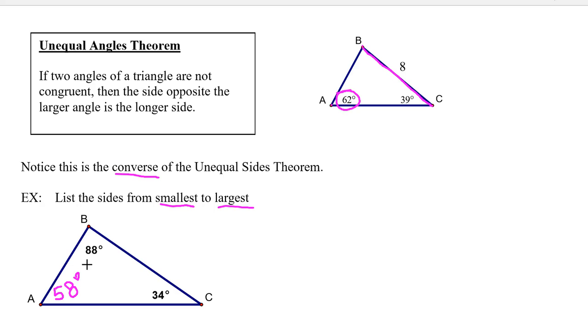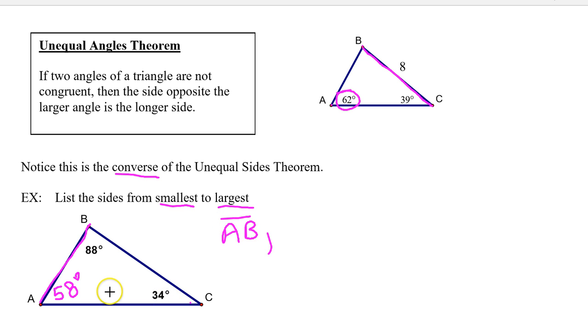Now we can go ahead and label the sides. Find the smallest angle measurement. That clearly is 34 degrees over here. The side opposite that smallest angle is going to be our smallest side length, which is AB. So we would list AB first.